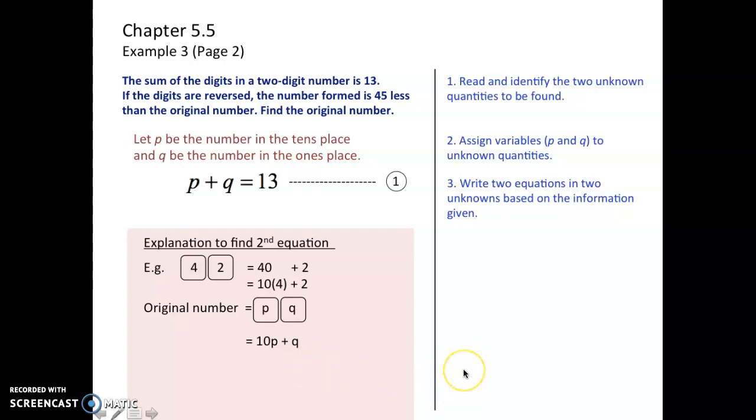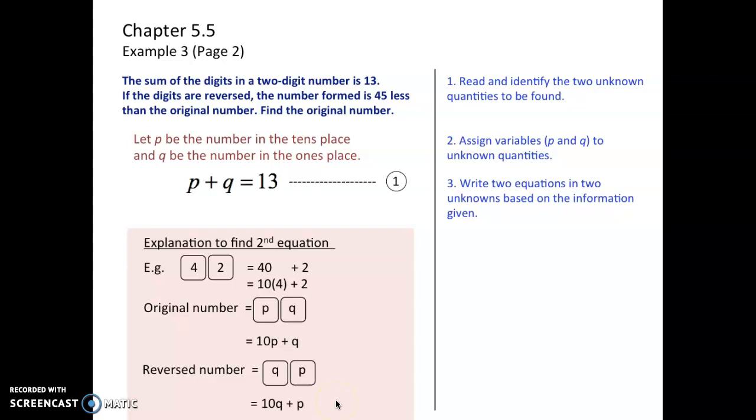Okay, in the question it says that if the digits are reversed, so let us see what happens when the digits are reversed. Instead of PQ, now we will have QP, where Q is the first digit and P is the second digit. So to find the value of this new reversed number, we'll have 10 times Q, because Q is in the tens place, plus P, because P is in the ones place.